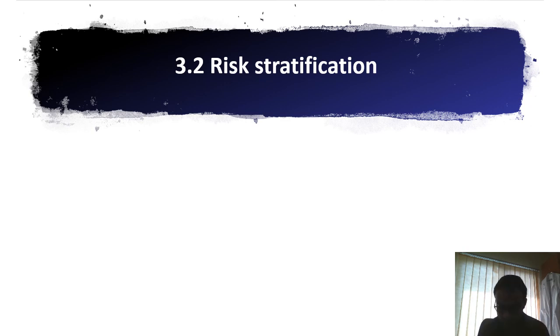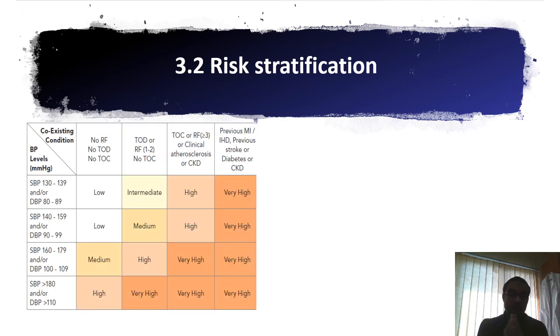For this risk stratification, we have this figure on the right and the left side from the national guidelines, where the classes of hypertension, including the at-risk population and severe hypertension, are all matched against the presence of coexisting medical conditions, with consideration of the risk factors, target organ damage, and target organ complication.